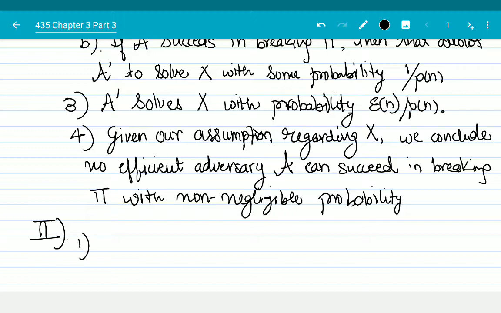Second approach. One, assume G is a pseudorandom generator.